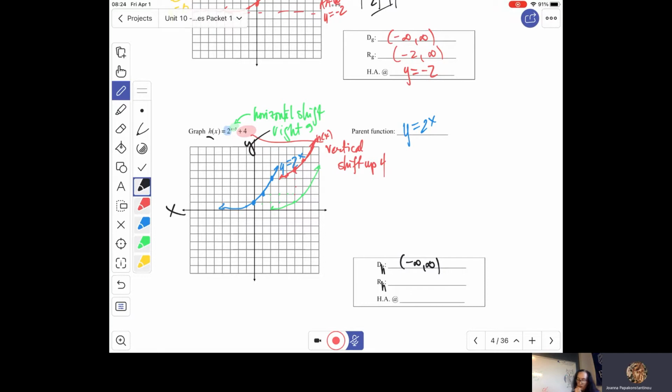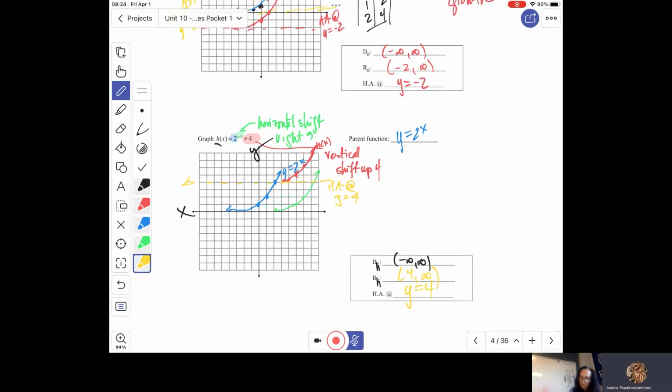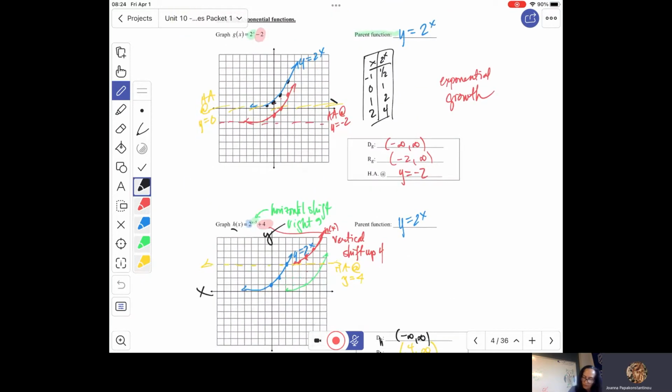I need to know the horizontal asymptote. Where is the horizontal asymptote? Y equals 4. Very good. It started at the x-axis and it was shifted up 4 because that was our vertical shift up. So can you now tell me the range of my image function? Open at 4 to infinity. Good. Excellent. Let's make sure we labeled these x's here just to be complete.